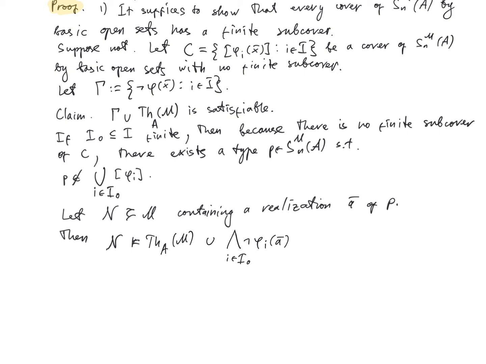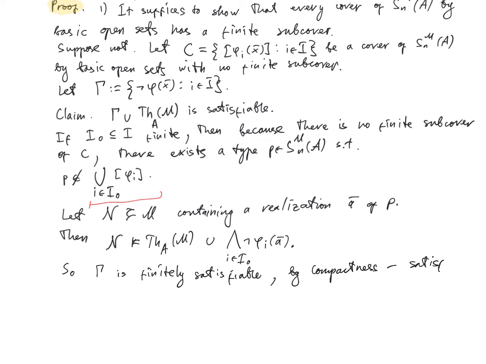Because by assumption, this type does not belong to any of the sets phi_i for i in I_0, so it means it contains the negations of these formulas. So a realization of p satisfies this, but then this shows that Gamma is finitely satisfiable, and so by compactness actually satisfiable.